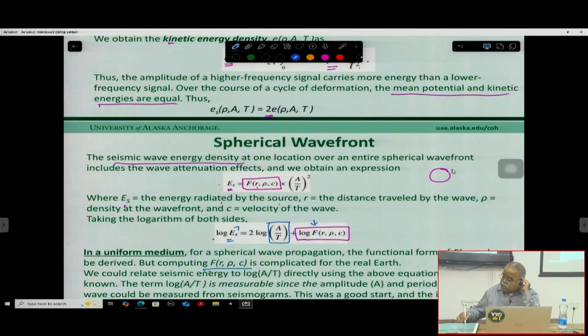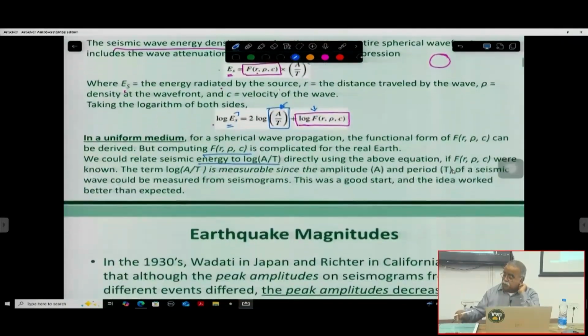But this energy is directly related to the log of a by T, right? So this term is a measurable term. If this amplitude and the time period of the wave are measured from the seismogram, this is a good start to understand how we can use the magnitude as a parameter of measurement for the amount of energy released from an earthquake. So that's the very basis of the magnitude estimation, right?